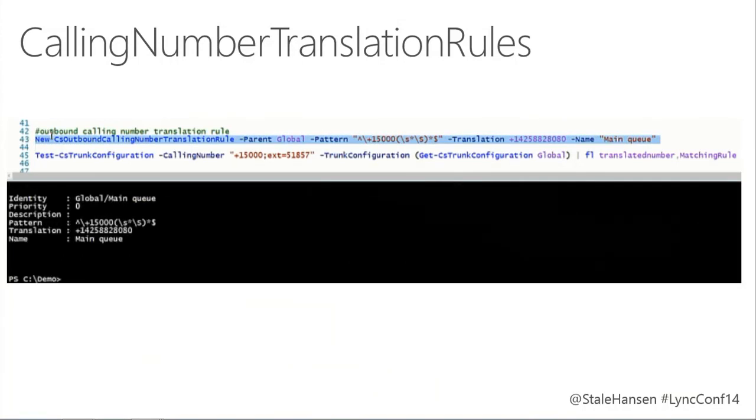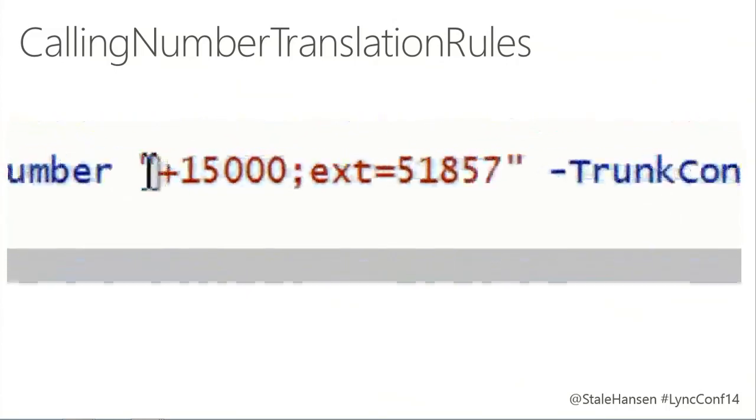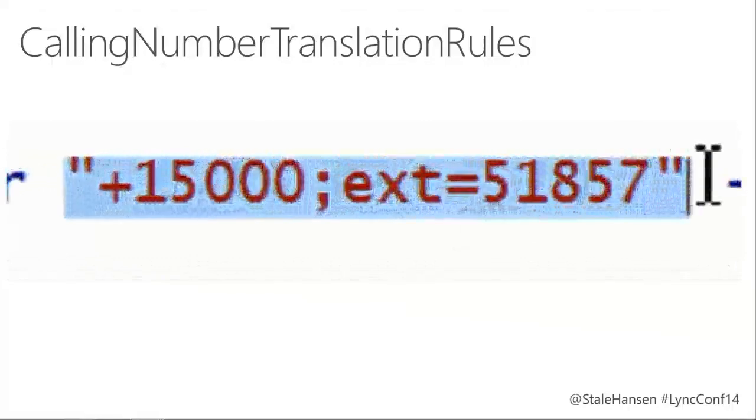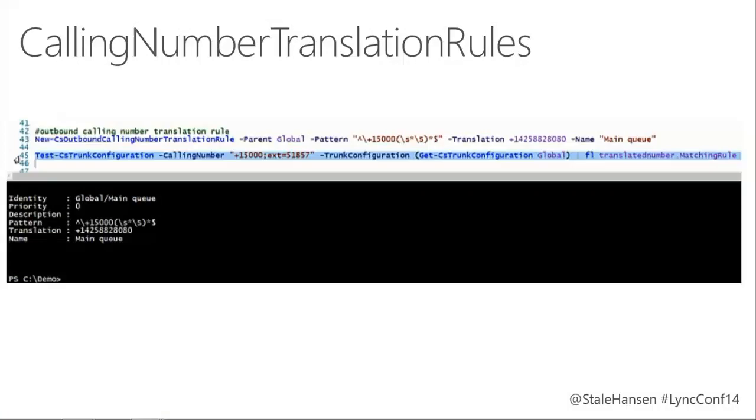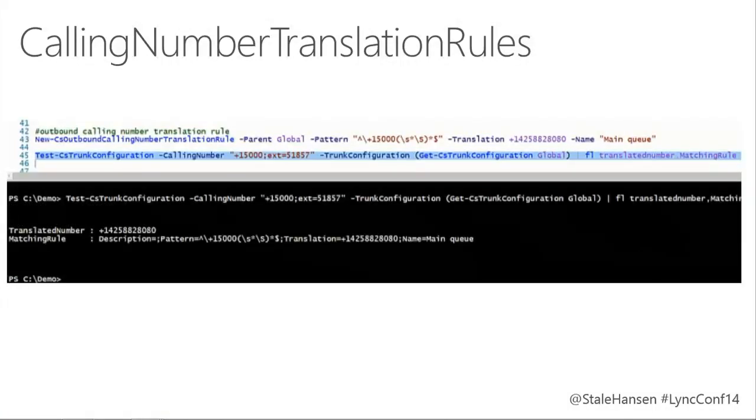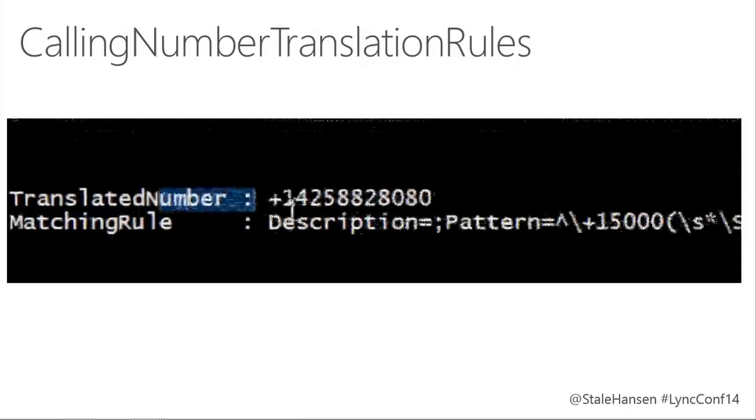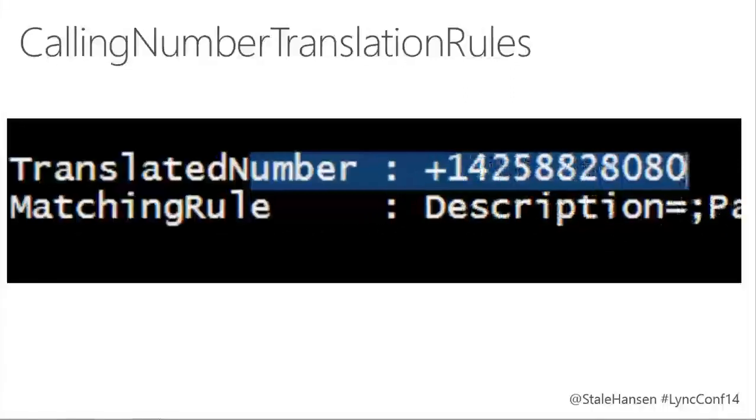And of course, we can test this as well. So you have a test where you type in the number of one of the users, and then you create a test and want the test to normalize correctly. So you see the translated number here was the result, to make sure you have typed this in correctly.